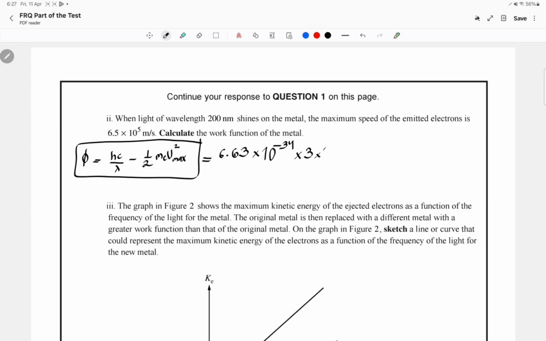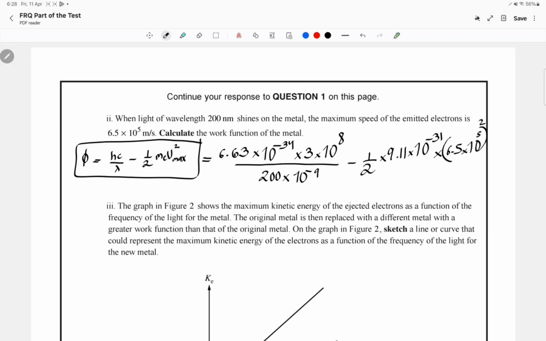Same for the speed of light, over lambda, which is 200 nanometer, means times 10 to the power of negative 9, minus half mass of the electron, 9.11 times 10 to the power of negative 31, and the V max is given to us as 6.5 times 10 to the power of 5, and you must square it, of course.